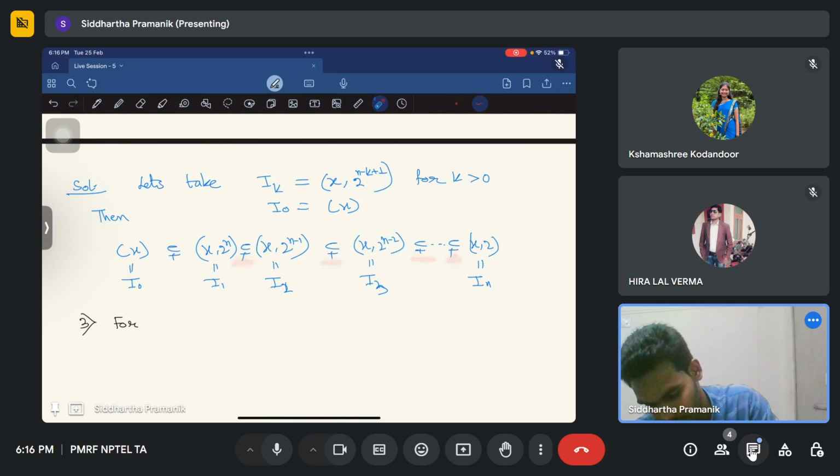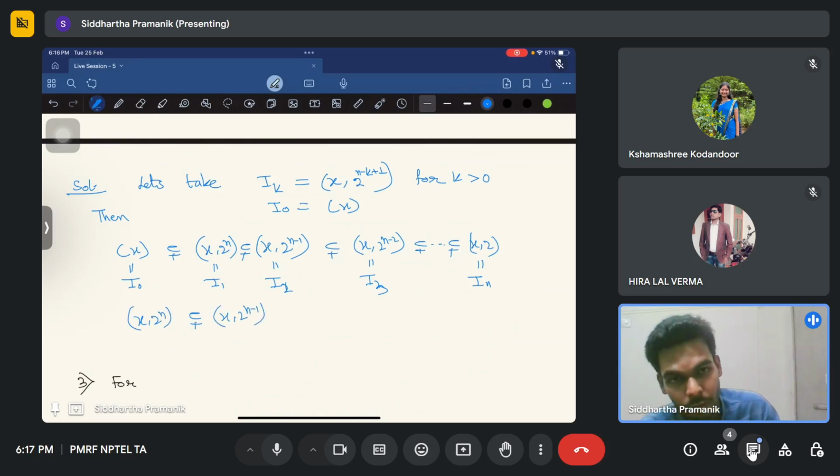Let me write it down for one case. Now (x, 2^n) is a proper subset of (x, 2^(n-1)). How will you check that this is a proper subset? You just check that 2^(n-1) does not belong to this ideal.